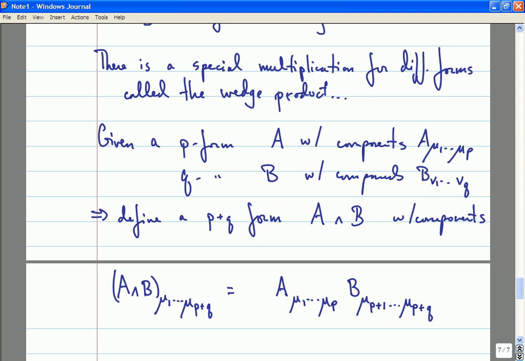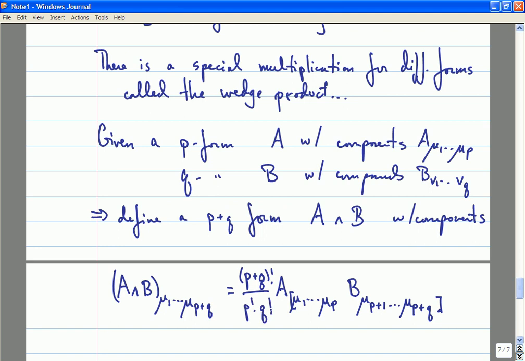So let's antisymmetrize it. Okay, that was easy enough. When you antisymmetrize, you get something which is antisymmetric, which by definition is a differential form. And there's a customary normalization factor that we put out front in order to make your lives difficult. So I'll multiply times P plus Q factorial over P factorial Q factorial.